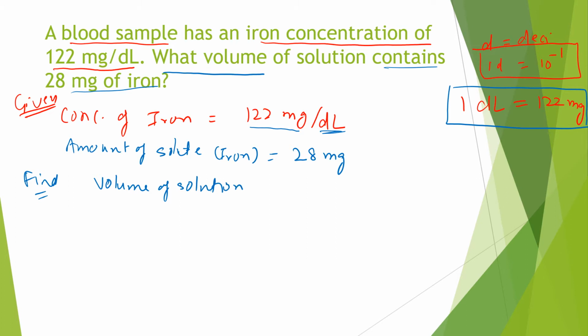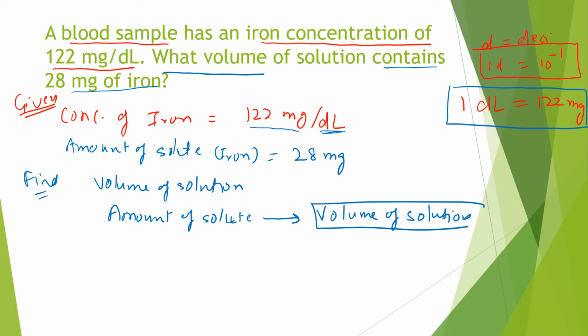In other words, we want to go from the amount of solute to the volume of solution, and we need a conversion factor which relates the amount of solute to volume, and that relationship is given here.